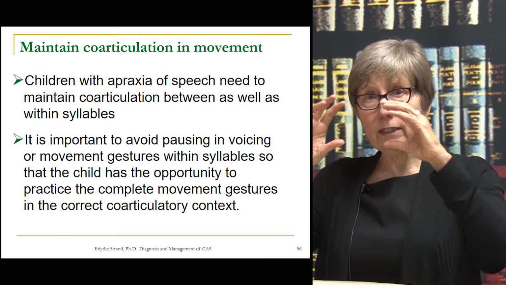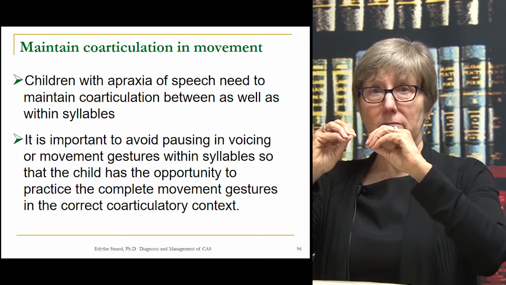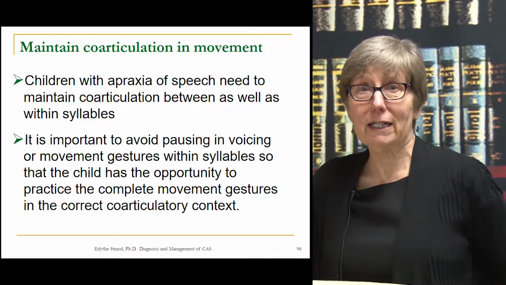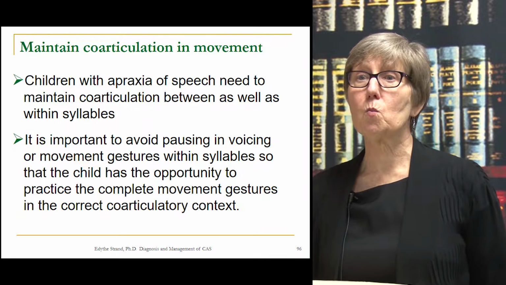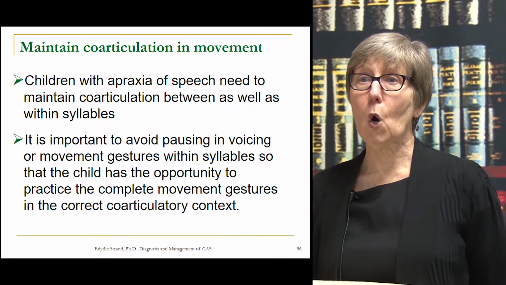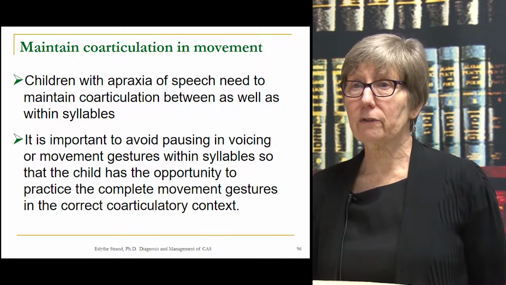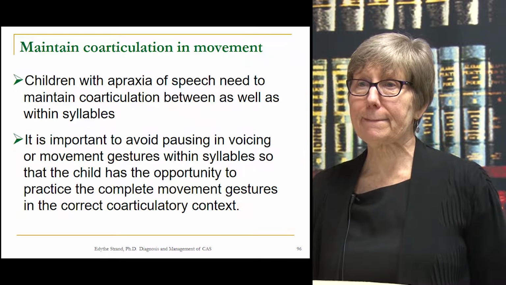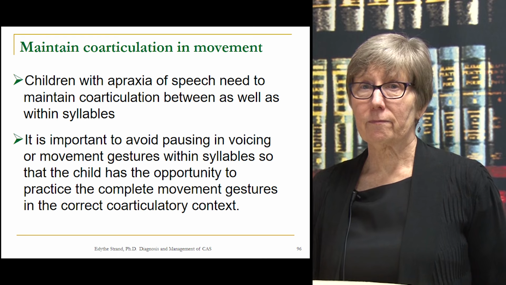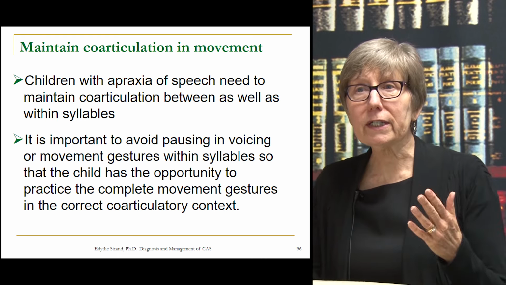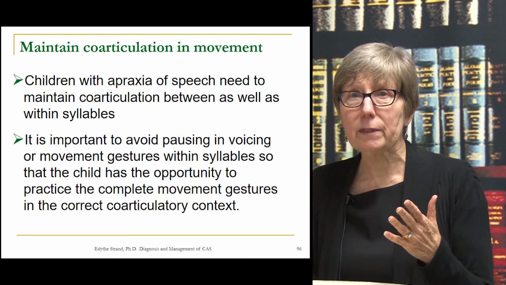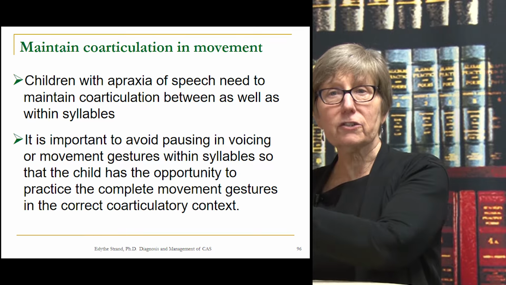Movement for lip closure occurs in both. But in one, you have lip rounding as the initial configuration. Bow. In the other, you have lip spreading. Bee. So we're working to improve the accuracy of the movement for the co-articulatory context.